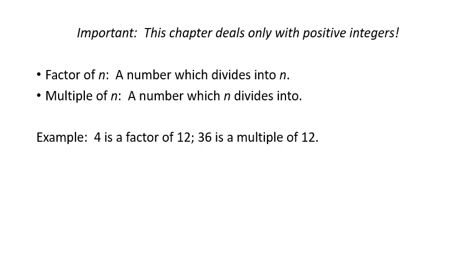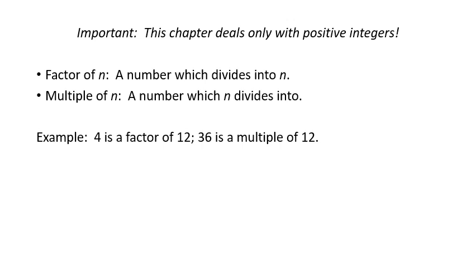I want to point out again, this will probably be the last time I'm going to mention this. We could say that negative 4 is a divisor of 12 because we could say negative 4 times negative 3 equals positive 12. So while that negative 4 we could write as a divisor, again, we're only dealing with positives, so we're not going to consider negative 4 to be a factor of 12.